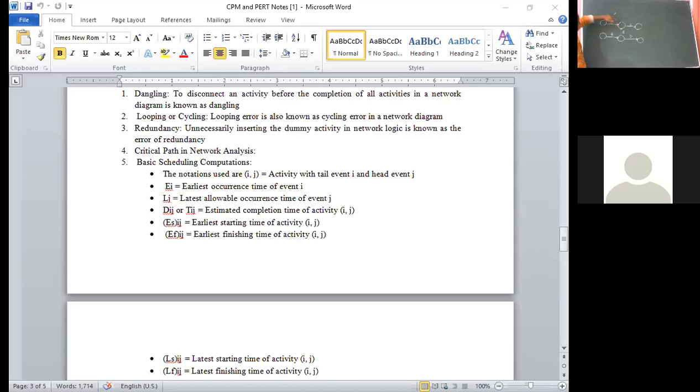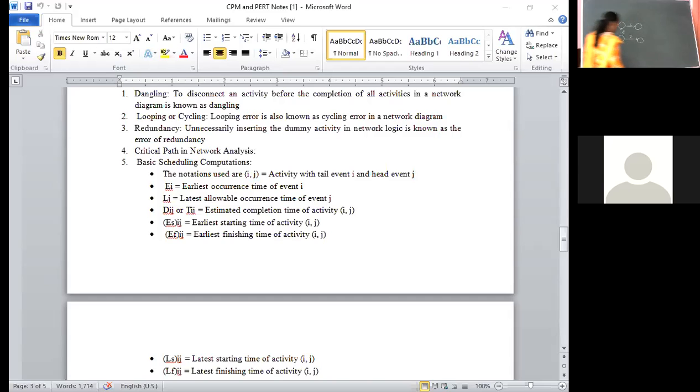Simply remember, dummy does not consume any time. Here again, A and B must be completed before C starts. B is required to be completed for D to start. E is a dummy activity here. A and B are preceding activities to C because you have represented it with a dummy.